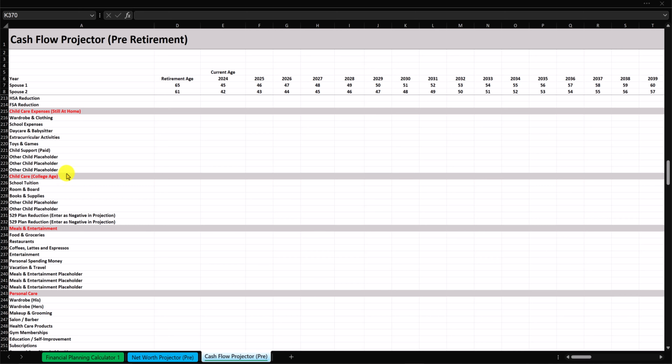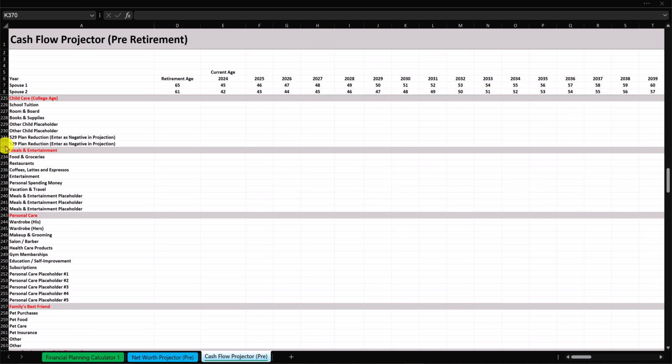Also in this section related to education, we will have our 529 plan reduction section, and this is conceptually similar to our HSAs, for example, when the money comes out of a 529 plan and it is used for the purpose for which the plan was established, in other words for higher education, then those distributions are tax-free. So we will deal with the details of that when we get down here into this section with some numbers.